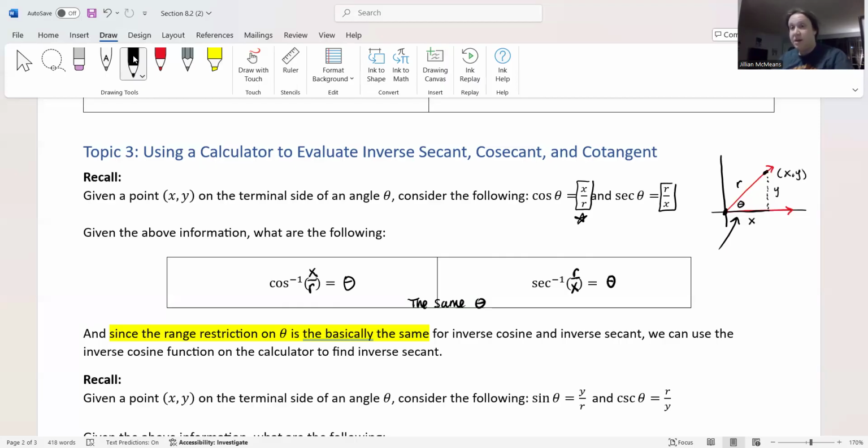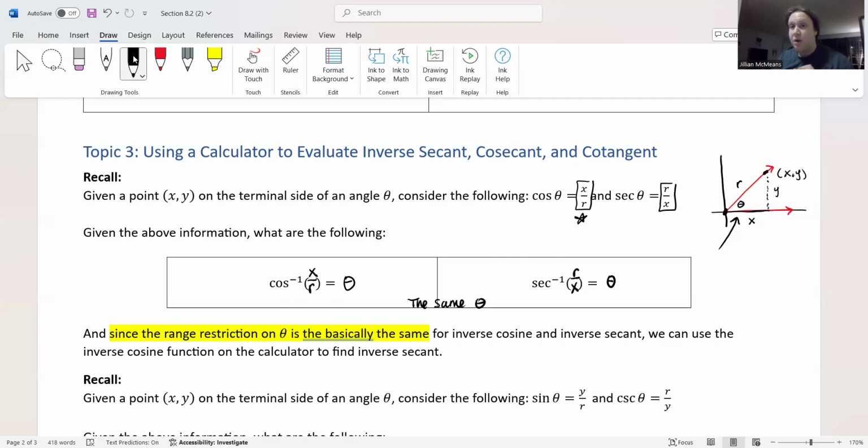So we're limited in what these inverse trig functions can spit out for the angle theta. But the good news is, for inverse cosine and inverse secant, we have basically the same range restriction. We have one little extra thing for inverse secant, but otherwise we've restricted them in the same way.